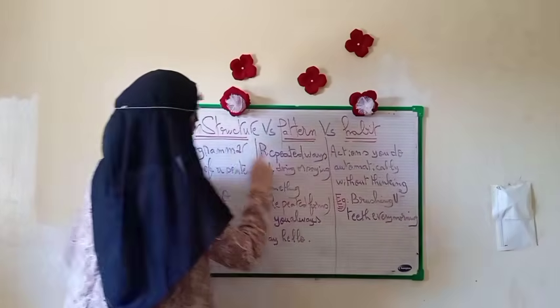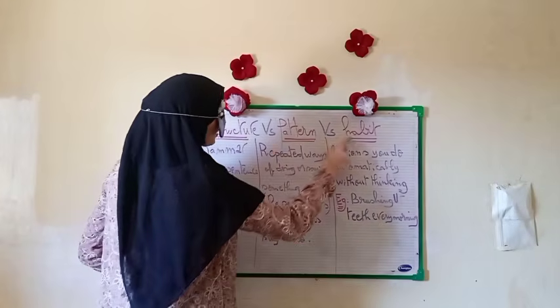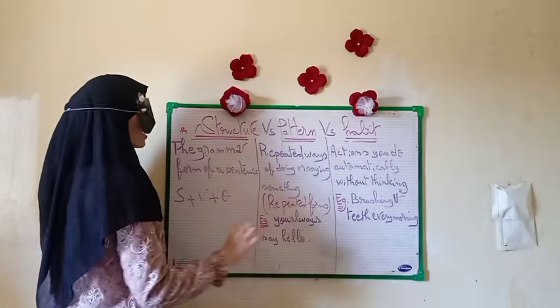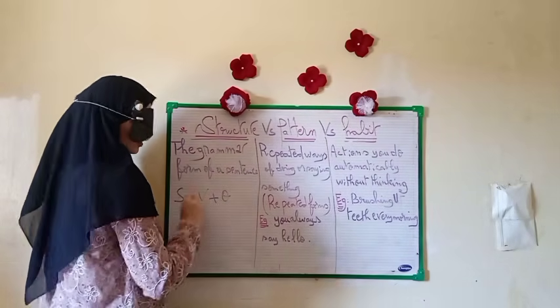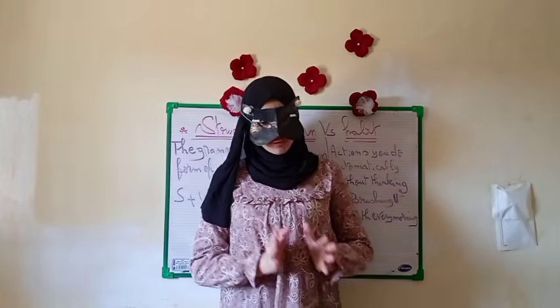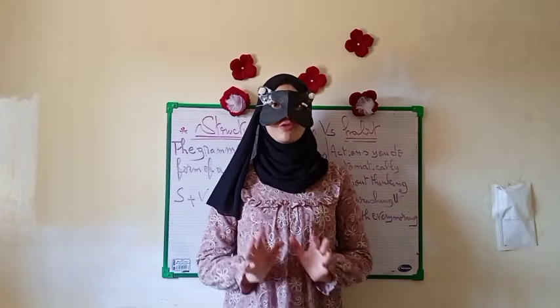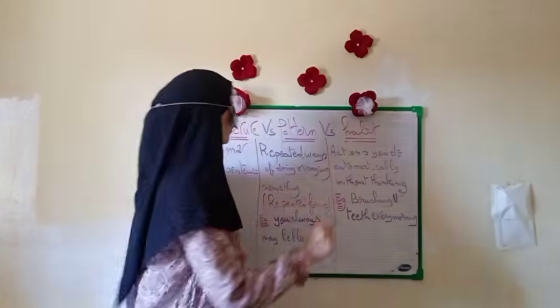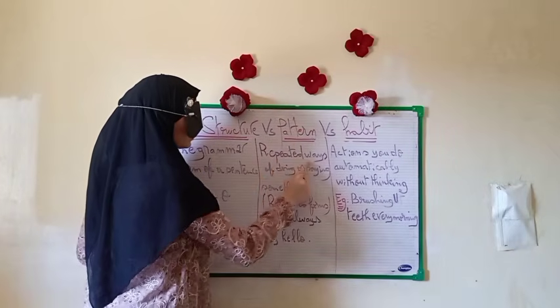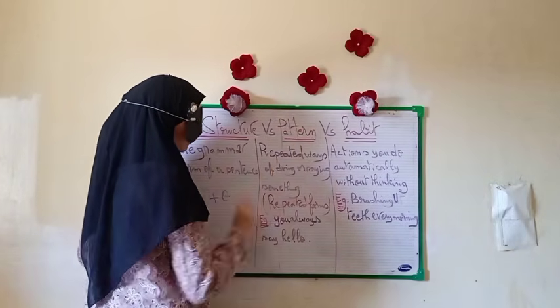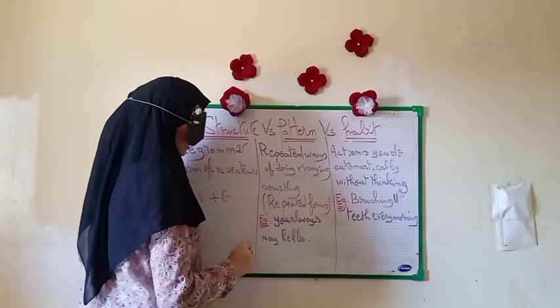We're going to complete with the structure versus pattern, pattern versus habit. Structure, we mean by structure the grammar form of a sentence. Subject, verb, object. The grammar form of a sentence. Now moving to pattern. Repeated ways of doing or saying something. Repeated forms, okay?